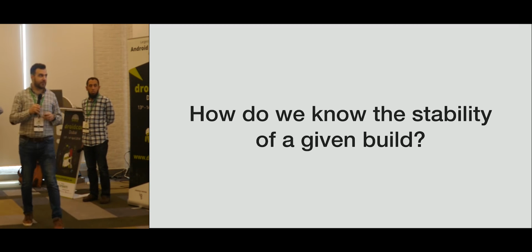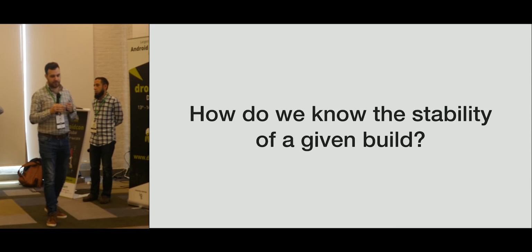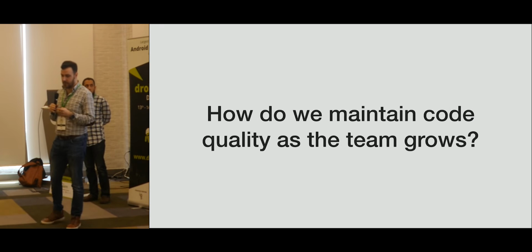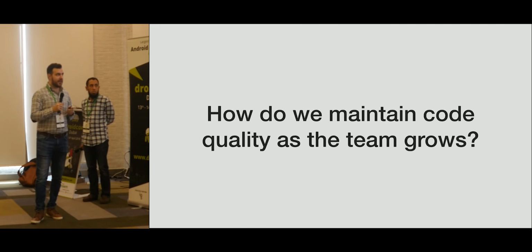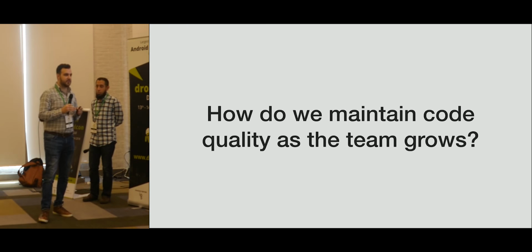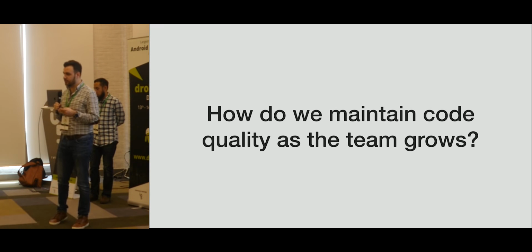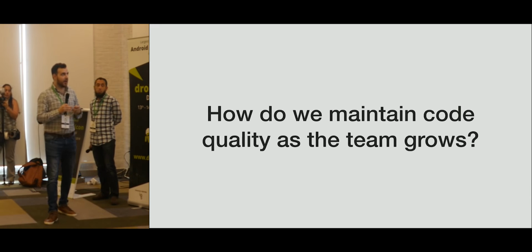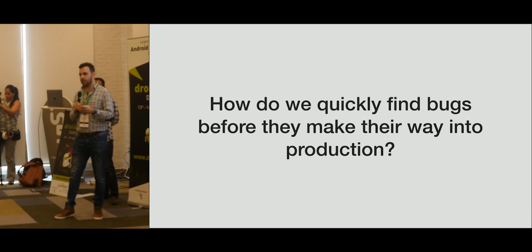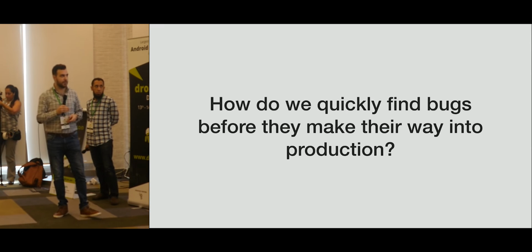So issues like, how do we make sure that whenever we provide a build that's actually stable, how can we trust that? Things like, how can we maintain our code quality and code standards while the team is growing and make sure it's enforced? How can we quickly find possible bugs before they make their way into production and our code base?